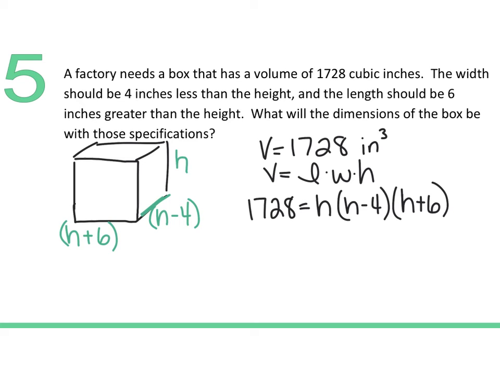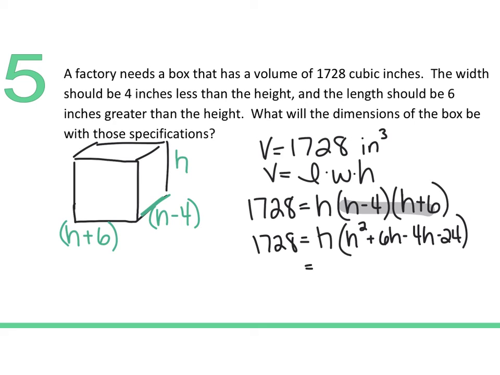Now let's use our knowledge of solving polynomials. So I'm going to multiply my 2 binomials together, the h minus 4 and the h plus 6, to get h squared plus 6h minus 4h minus 24. I'm going to combine my like terms in the middle to get h squared plus 2h minus 24.